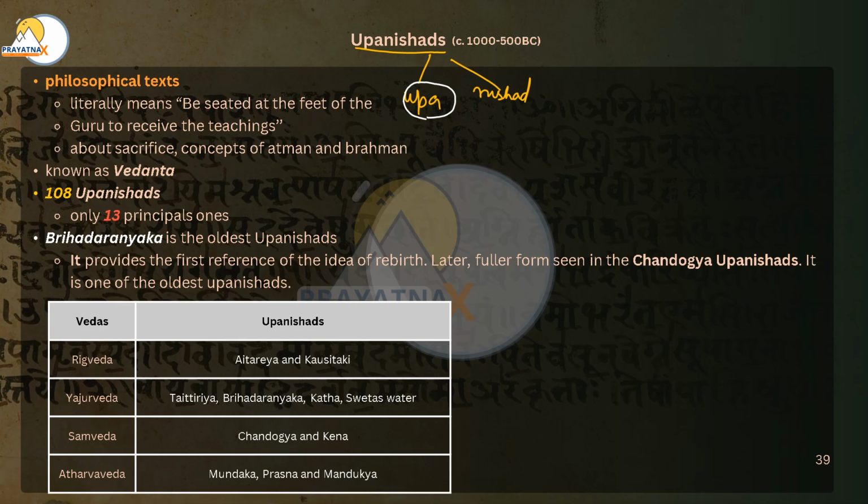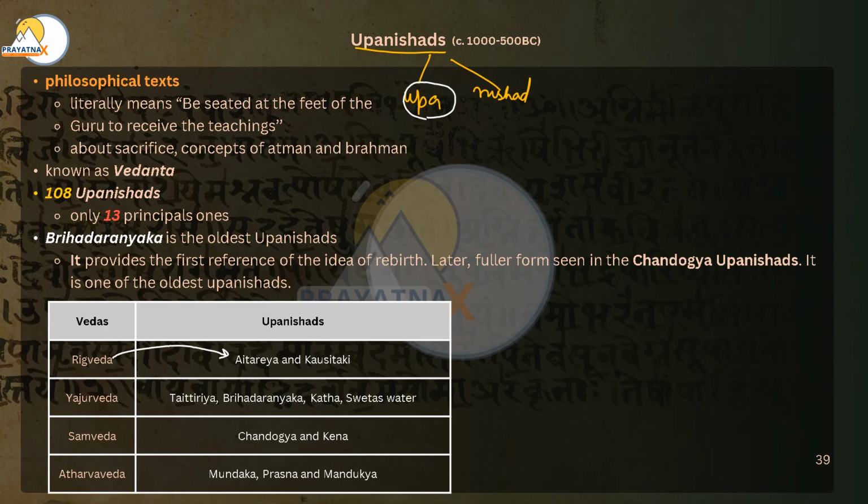Now, there are many important Upanishads, like for Rigveda, Aitareya and Kaushitaki, for Yajurveda, Taittiriya, Brihadaranyaka, Katha and Shvetashvatara. For Samaveda, it's Chandogya and Kena. For Atharvaveda, it's Mundaka, Prashna and Mandukya.